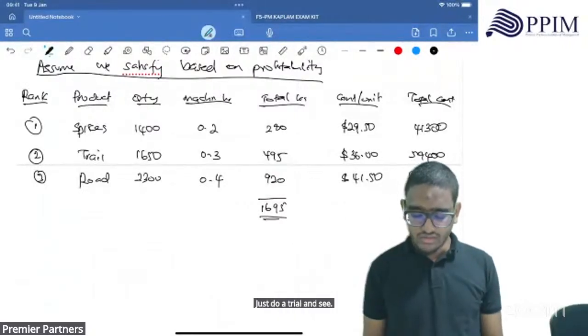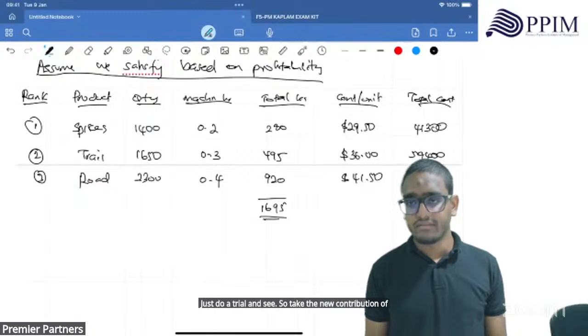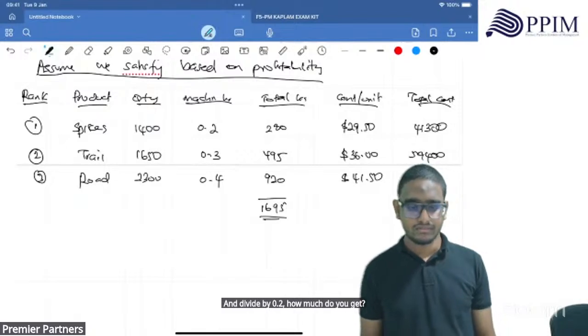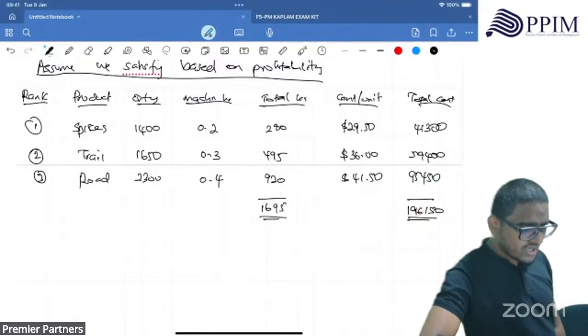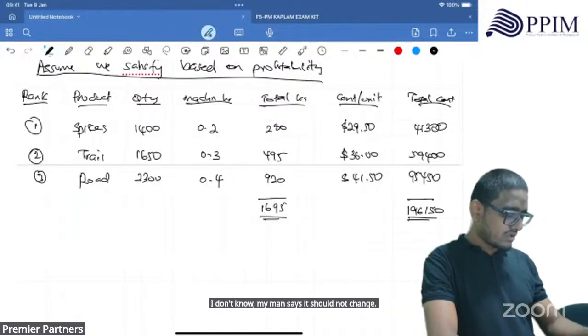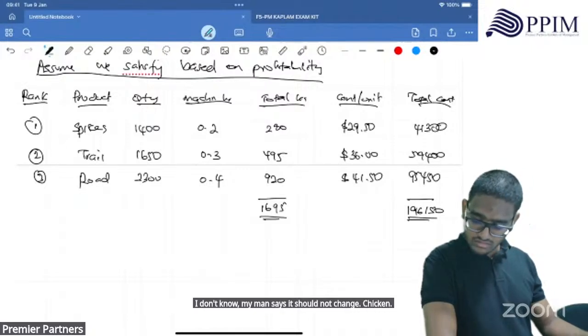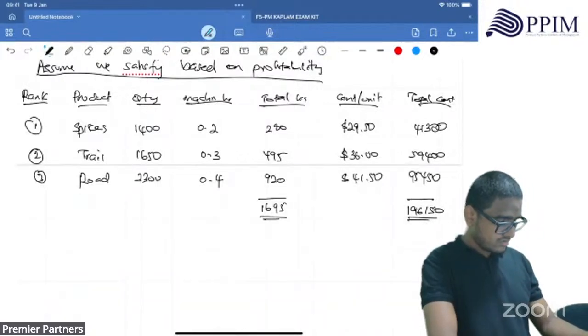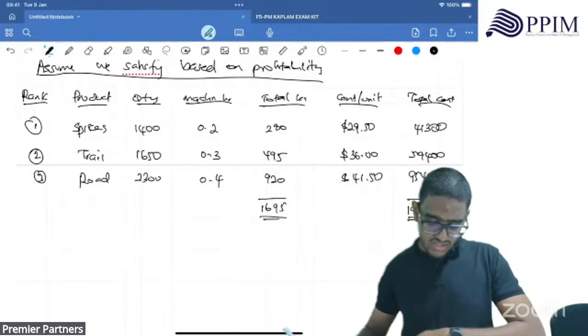So take the new contribution of 21.5 and divide by 0.2. How much do you get? Ideally, I think it should not change. My math says it should not change, but check and see. Yeah, it doesn't change.